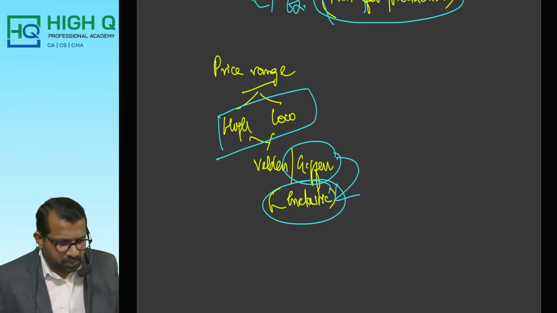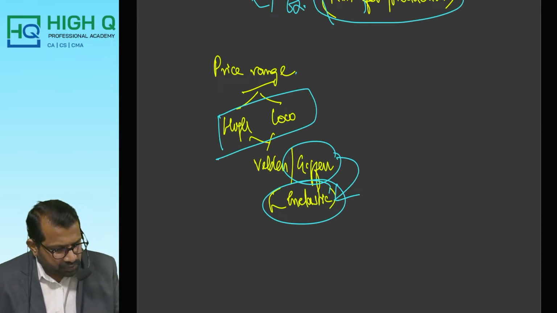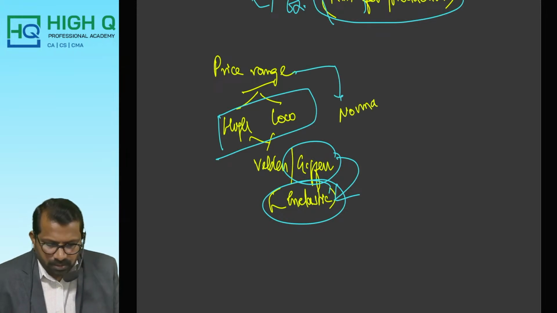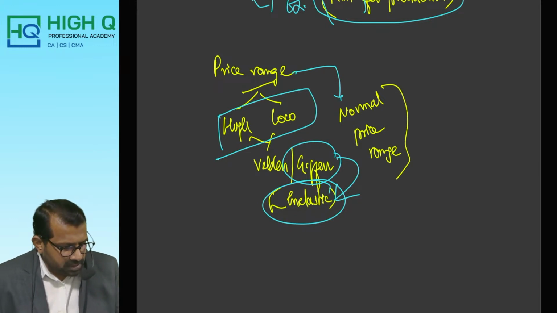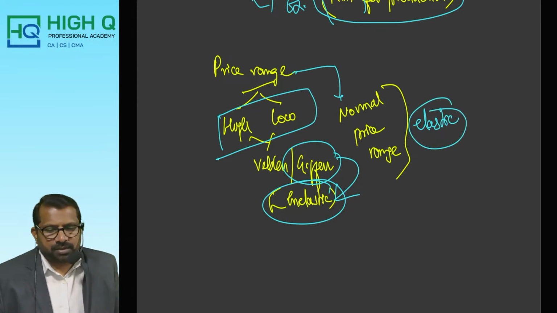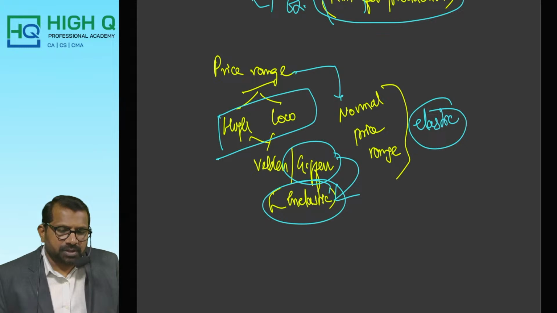For those types of goods in the normal price range, demand is always elastic. Why is it always elastic in the normal price range? It means people will show interest in buying the commodity if there are no changes in the price.